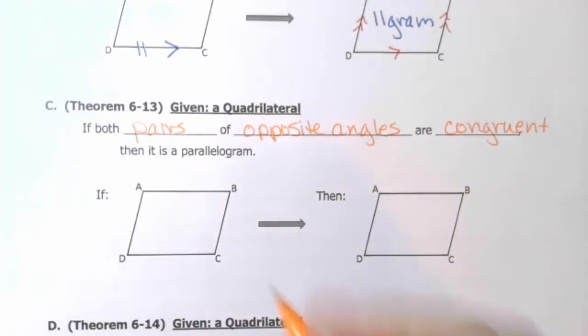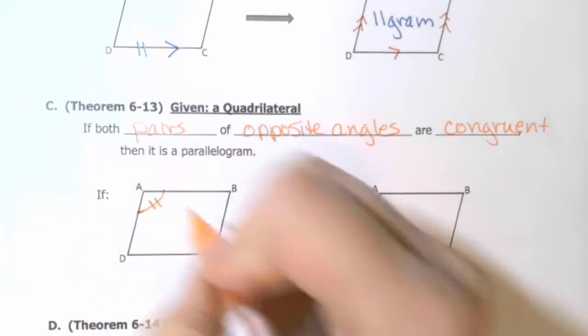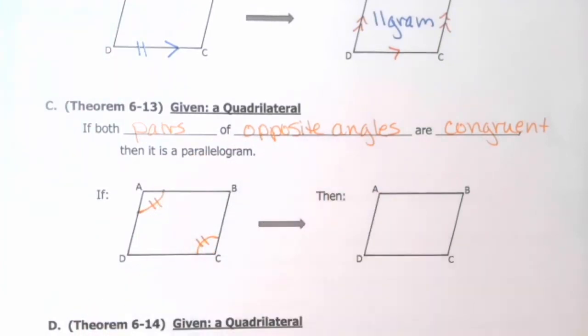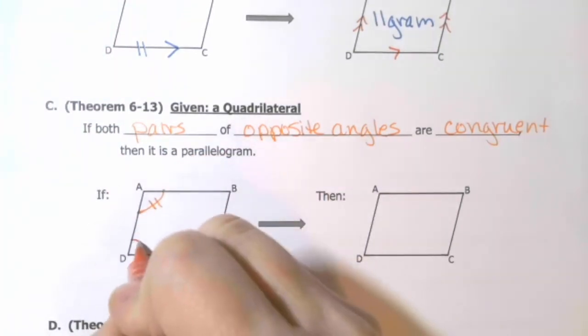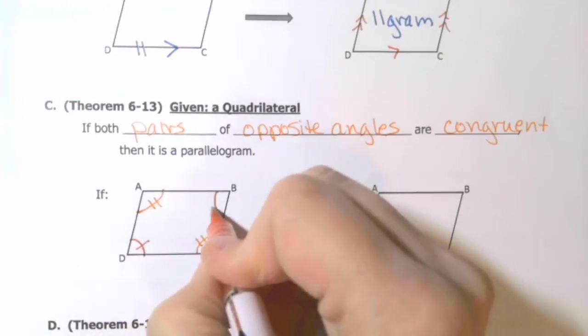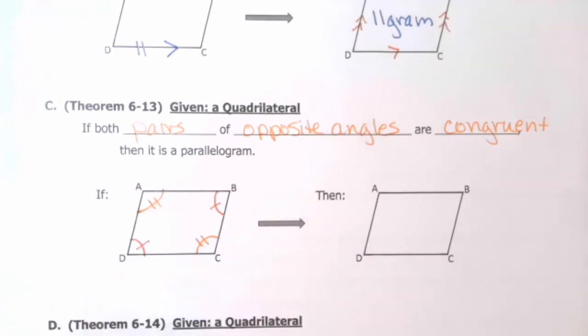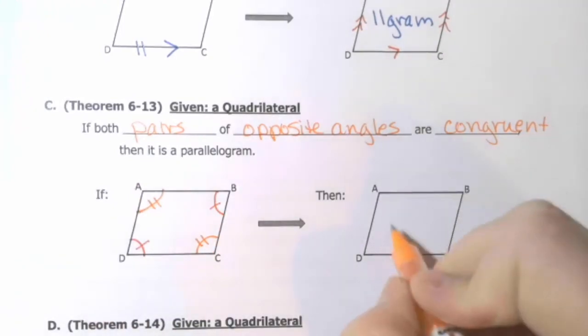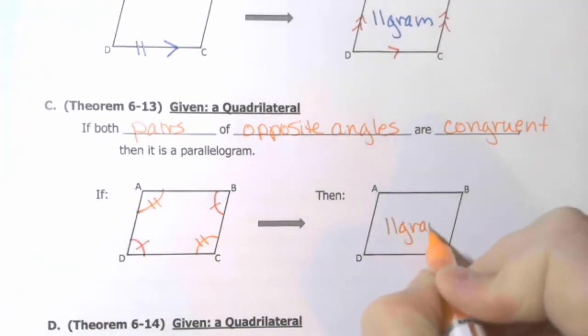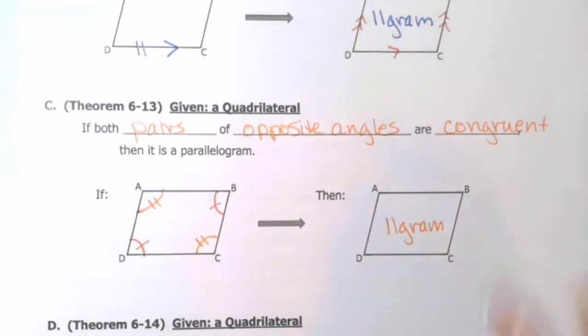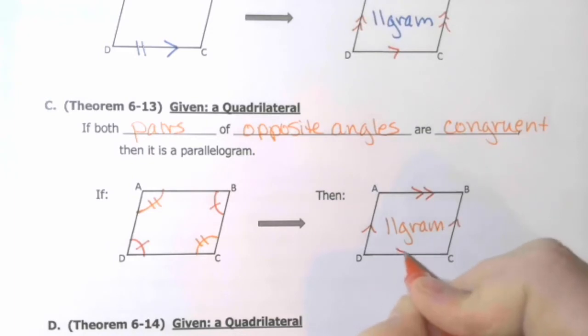Okay, so if A is congruent to C and D is congruent to B, notice you have two obtuse, two acute, then the whole thing is a parallelogram, which means left and right sides are parallel, top and bottom sides are parallel, and we get all of our good theorems.